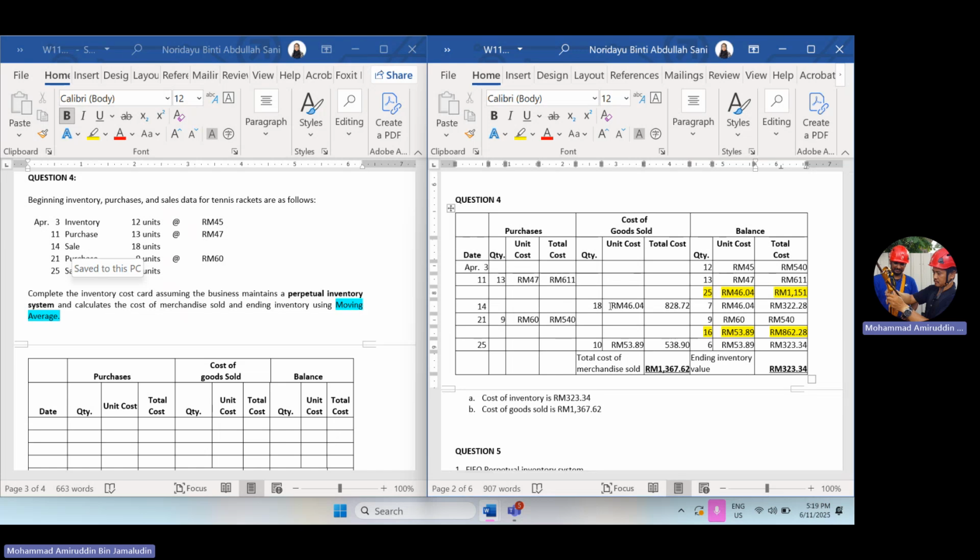Please don't mix it up with FIFO. It's totally different, a huge difference between FIFO and moving average. That's how I see it. What about you? That's why many students who love math can easily score for this topic, because they say it's math, not accounting. I agree with that.